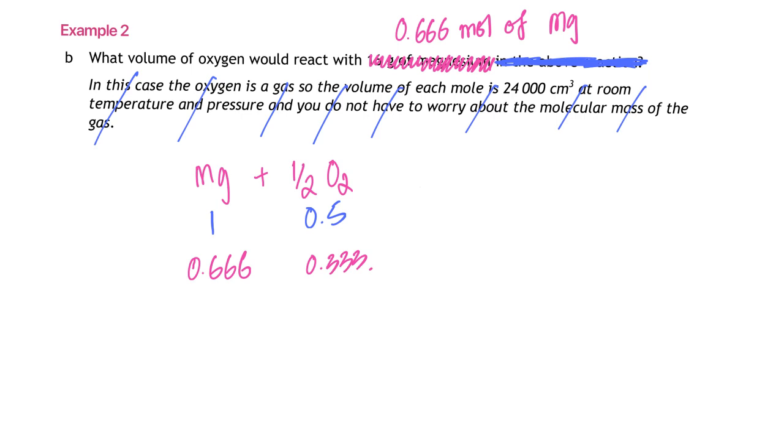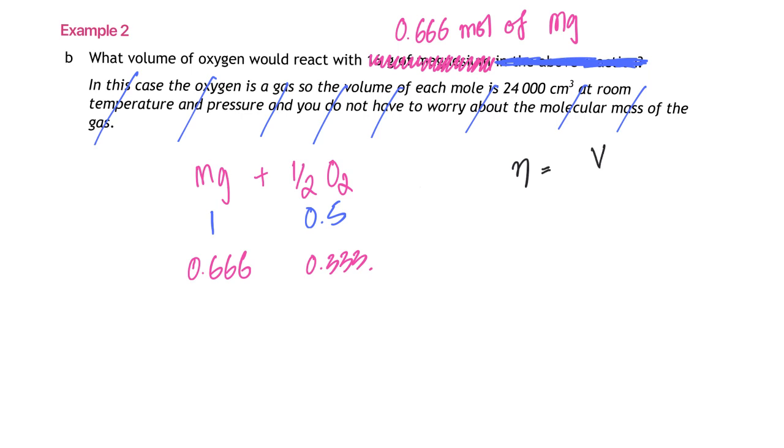But, examiners being examiners, they don't want to make anything too easy. They're asking for volume of oxygen. And that's relatively very easy to do. Because the equation for that is, I'm writing it wrong. Great. The equation for that is moles of any gas equals volume over 24,000 centimeter cube.